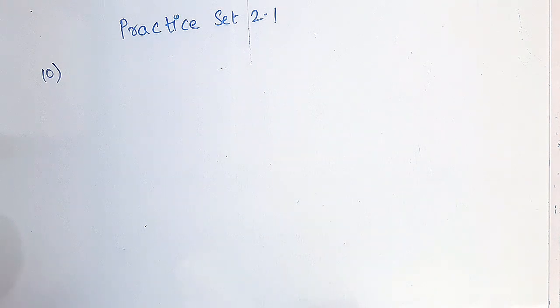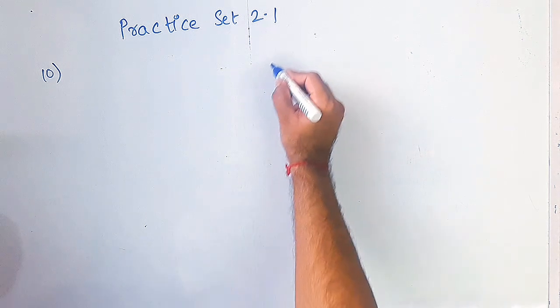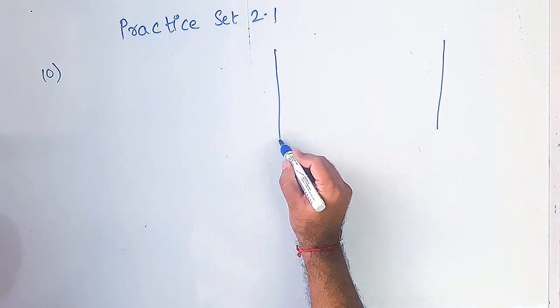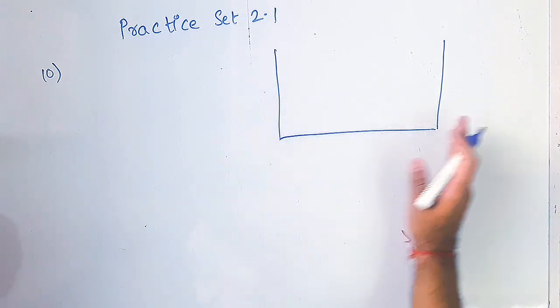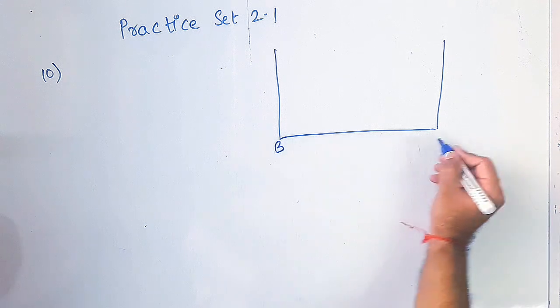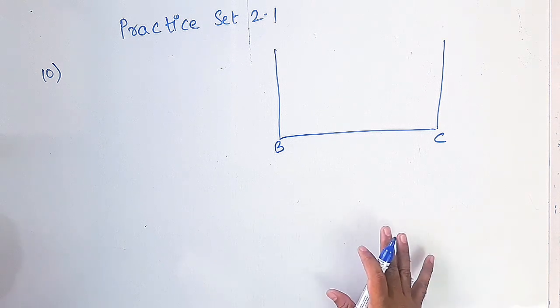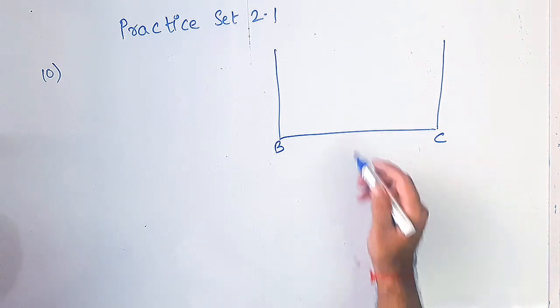Then sum number 10 says that walls of two buildings are on either side of the street. So I'll draw the walls. They are on either side of the street. This is the street, let us say BC is the street. Now a ladder 5.8 meter long is placed on the street such that its top reaches the window of a building at a height of 4 meters.